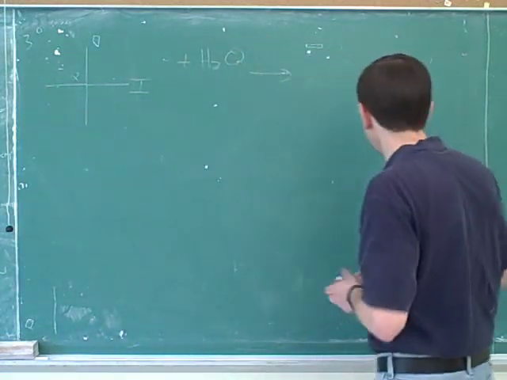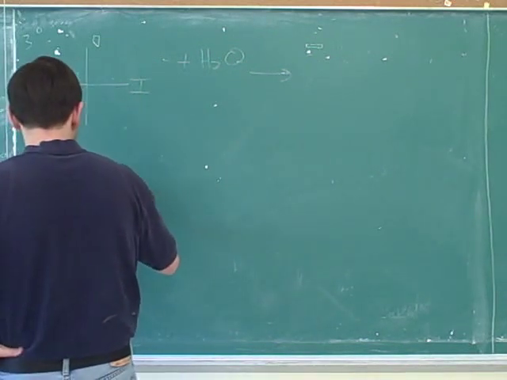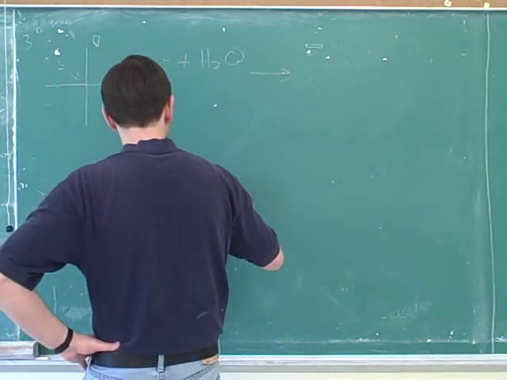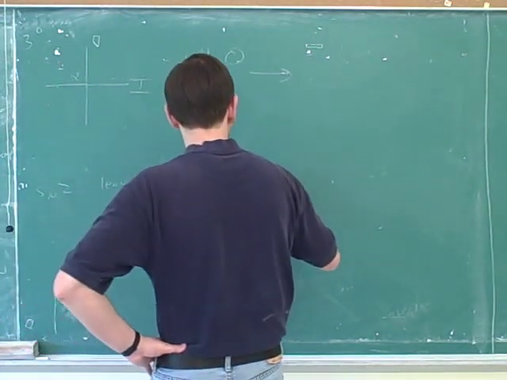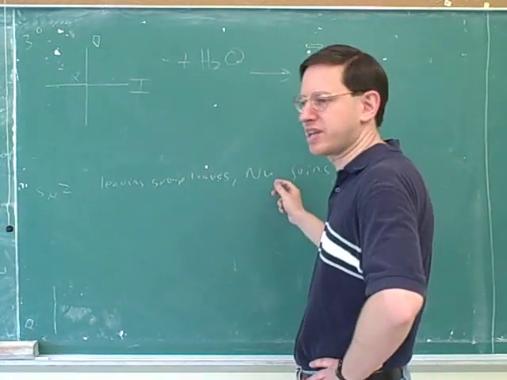I'll write this down in words. In an SN2, the leaving group leaves and the nucleophile joins, and these things happen simultaneously.